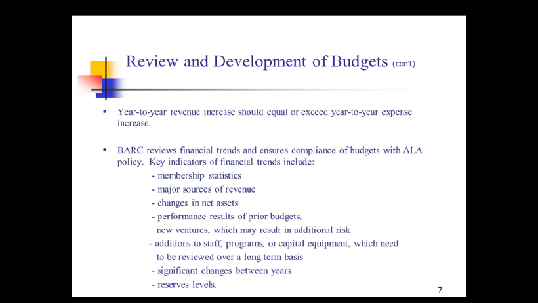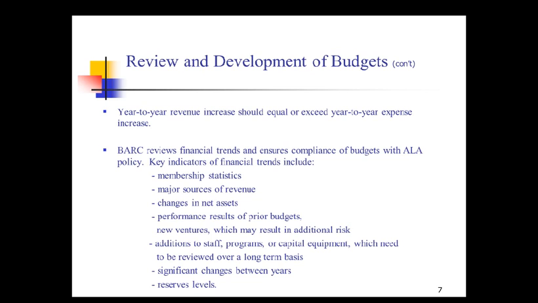Keep in mind that it is a major responsibility of BARC to review financial trends in ALA, ensuring compliance with organizational policy. As such, each roundtable will want to keep the following 7 indicators of financial trends that BARC uses. The first, membership statistics. Second, major sources of revenue.